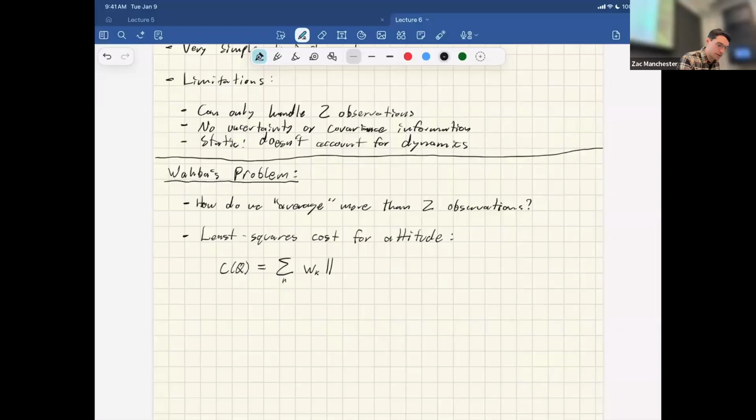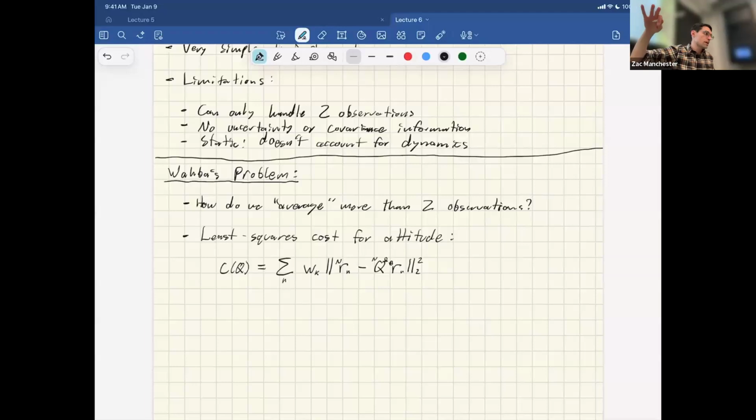Inside here, we've got our inertial frame vector minus Q times our body frame vector. The idea is if there's no noise and everything is perfect, Q times the body one should equal the inertial one, and this should be 0.